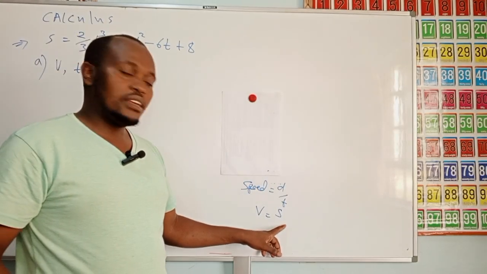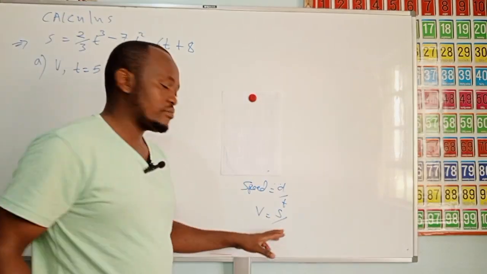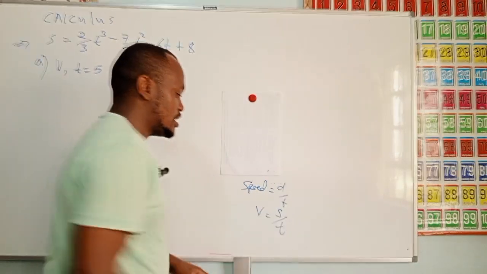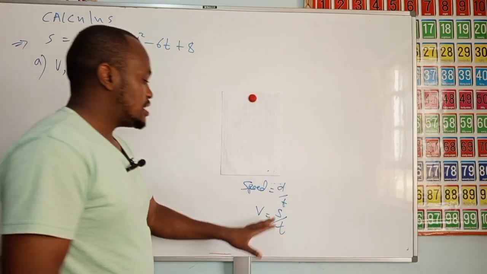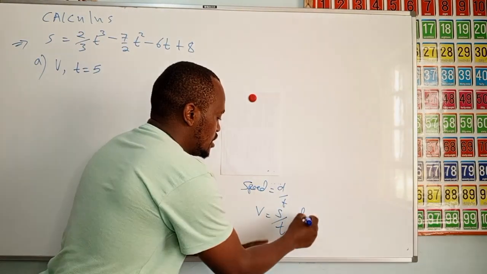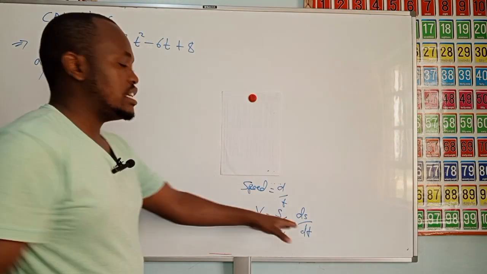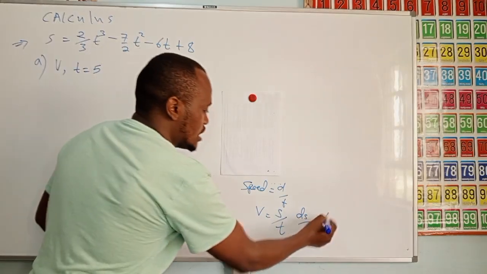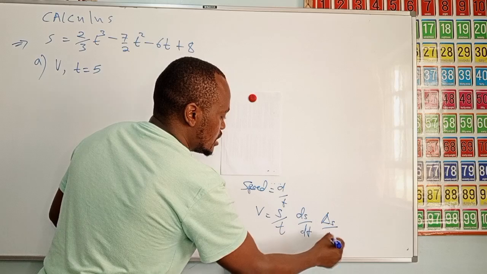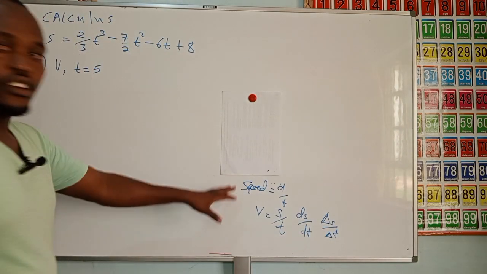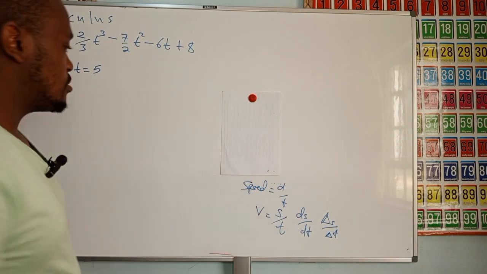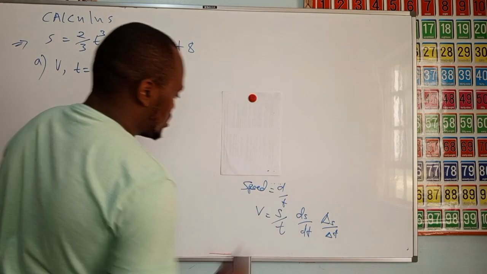Velocity is displacement over time, the time it has taken. So in other words, it is change in s over change in t. You can write this as ds over dt. I hope I have not digressed so much from my work, but I just wanted to show this.